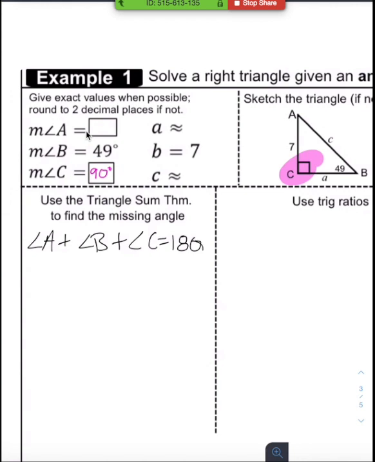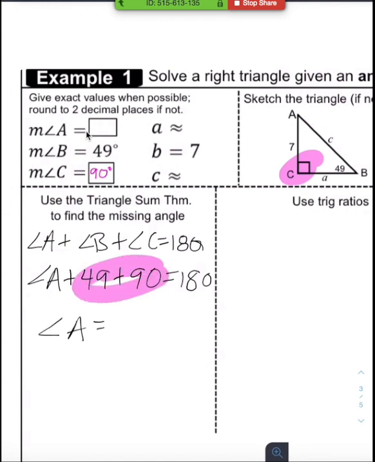We already know these 2 angles, so angle A plus 49 plus 90 has to be 180 degrees. Combine these 2 numbers, and A plus 139 has to be 180.